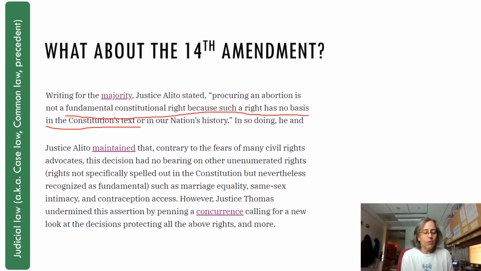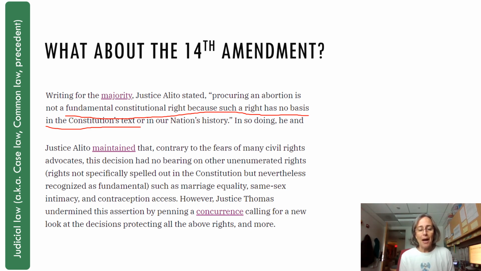In fact, in one of Benjamin Franklin's books is a recipe for a medical abortion using herbal medications. So abortion very much was part of society, and it was part of reproductive health care, very commonplace at the time that the Constitution was written.